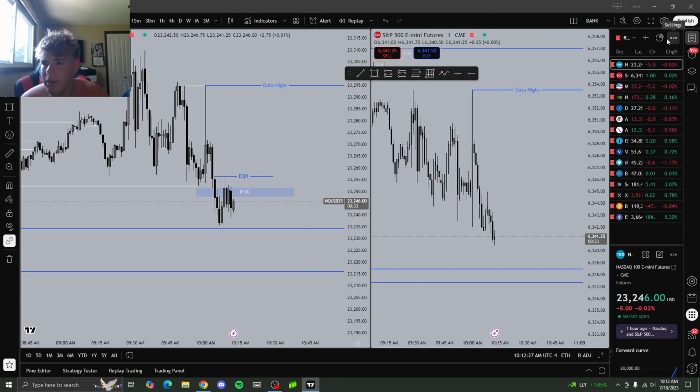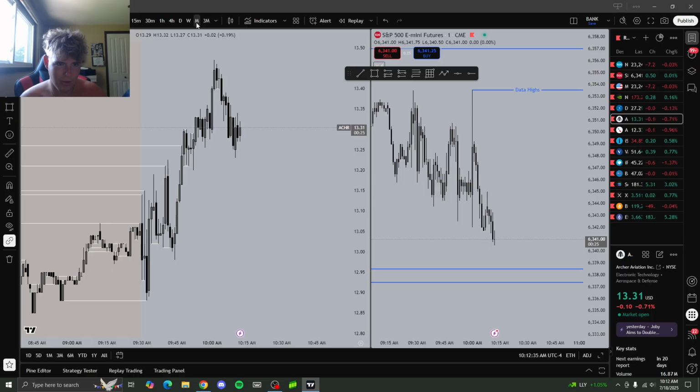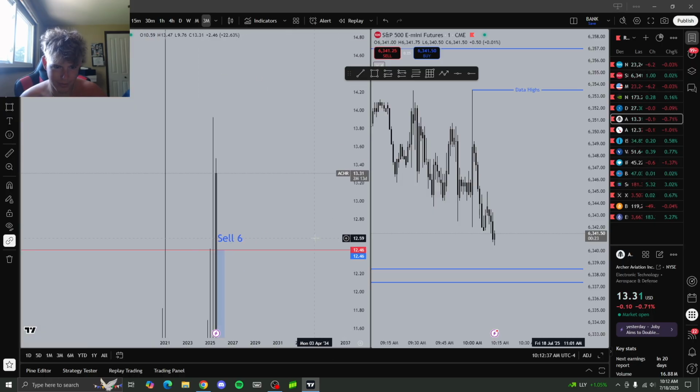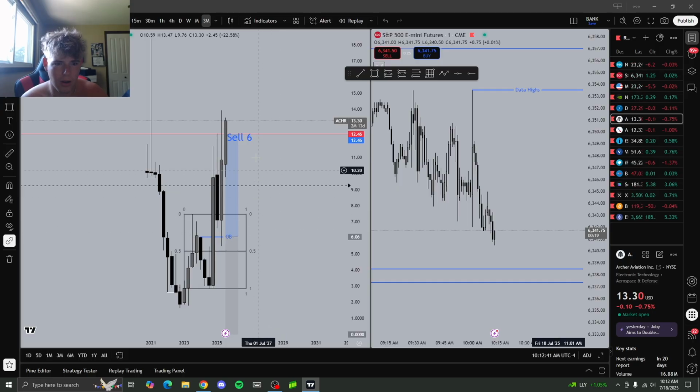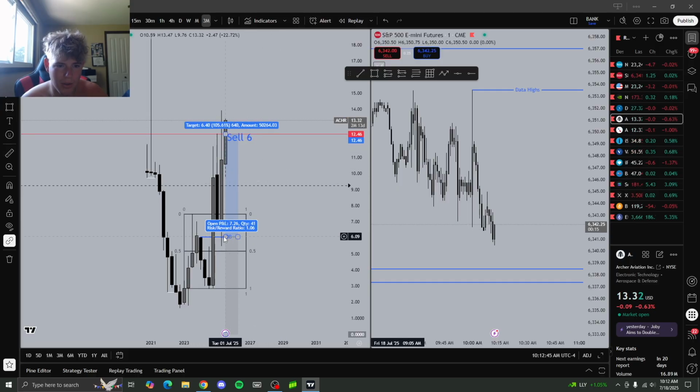Let's see. Alright, I actually did sell off all of my Archer yesterday, I can't lie, and I had a pretty insane entry. If you go on the quarterly chart, I sold off more than that yesterday because I needed to, but I bought at this quarterly order block, and it basically bottom ticked it during the dump.